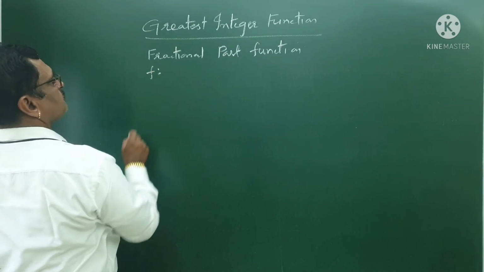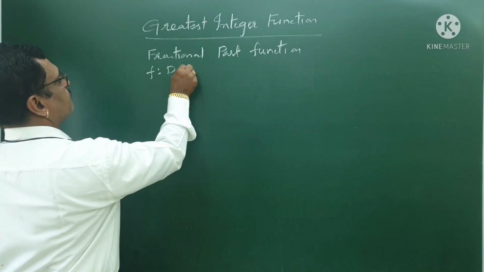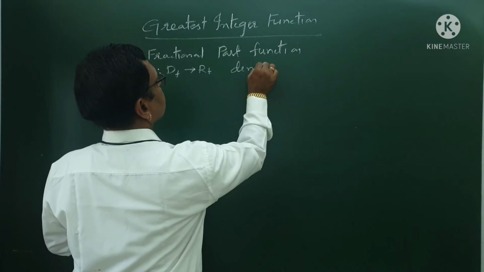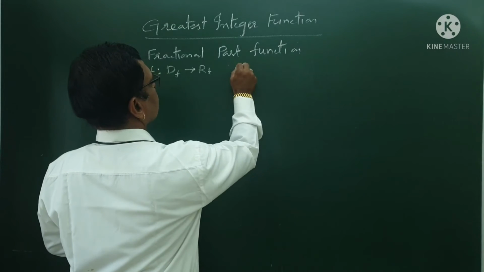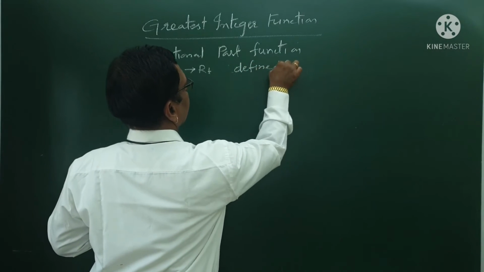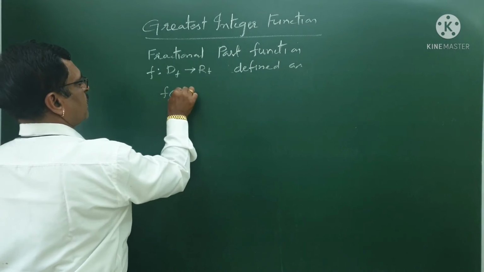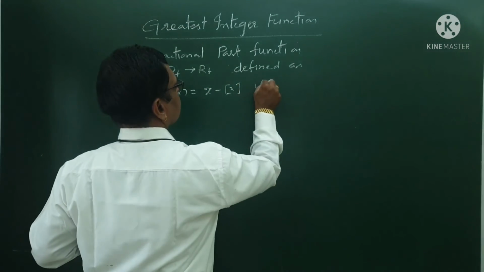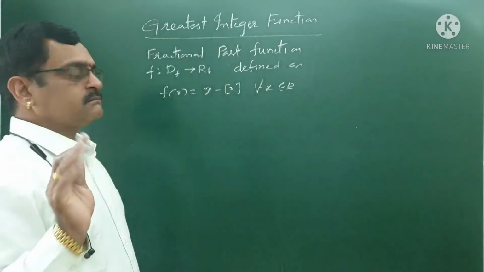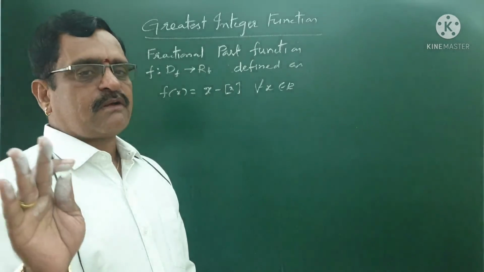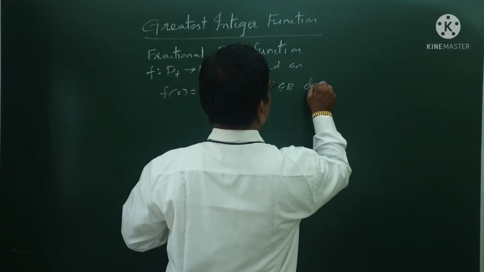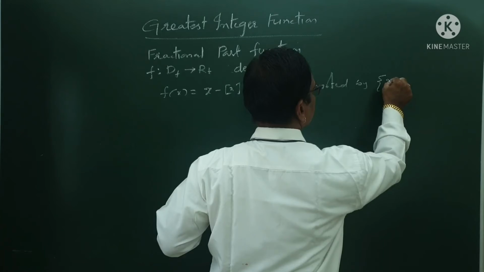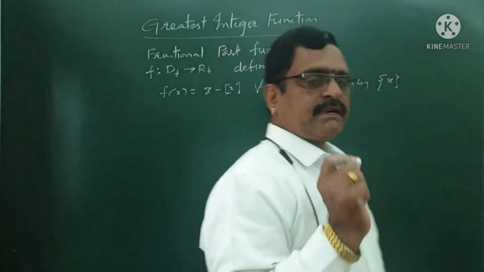F maps domain of f to range of f, f of x defined as f of x is equal to, I'll give one simple definition, x minus integral part of x, for all x belongs to R, and denoted by the symbol, look here, curly brackets with x inside.